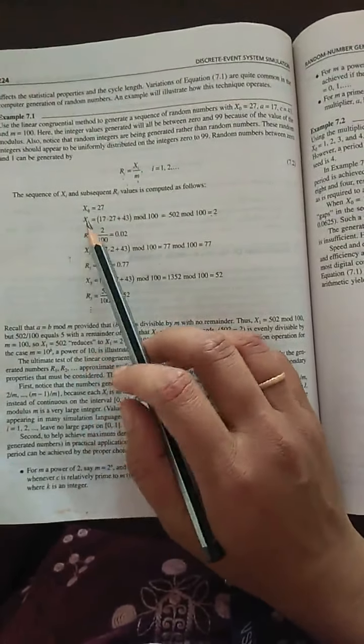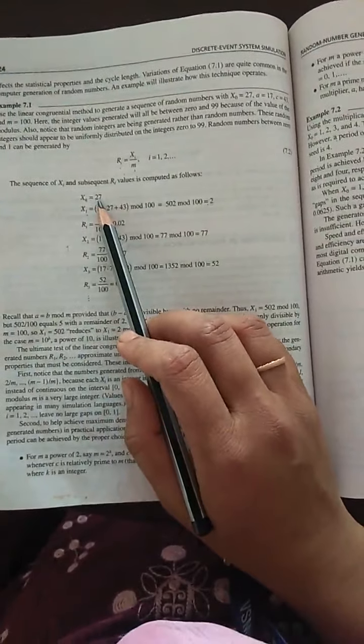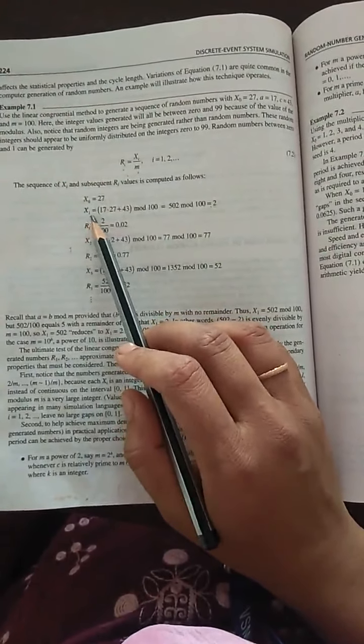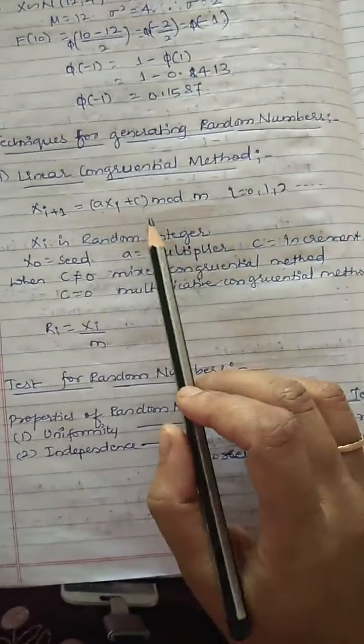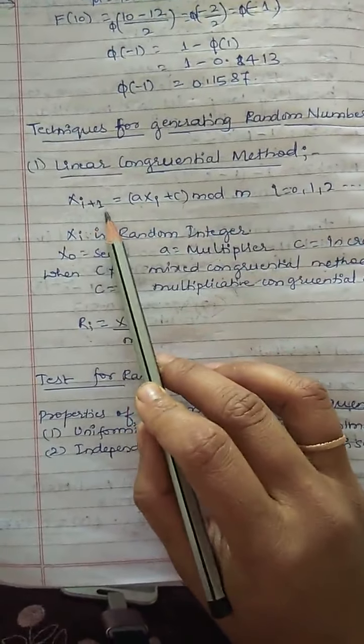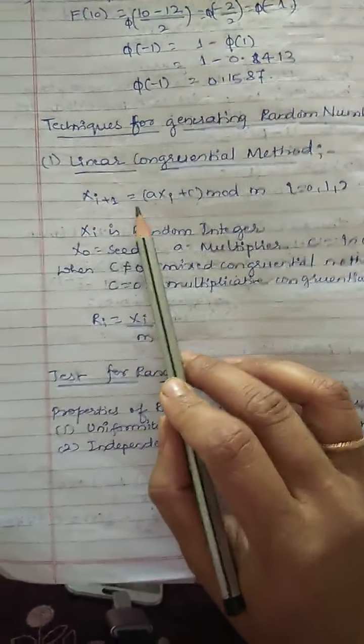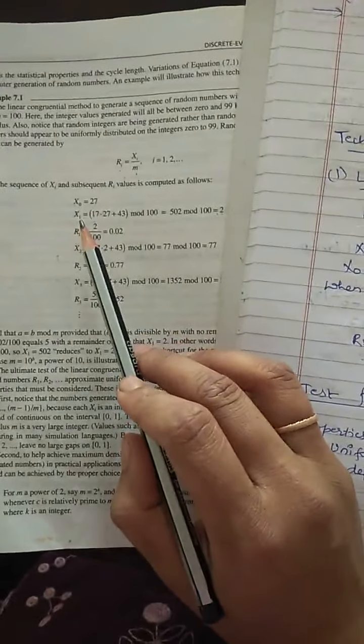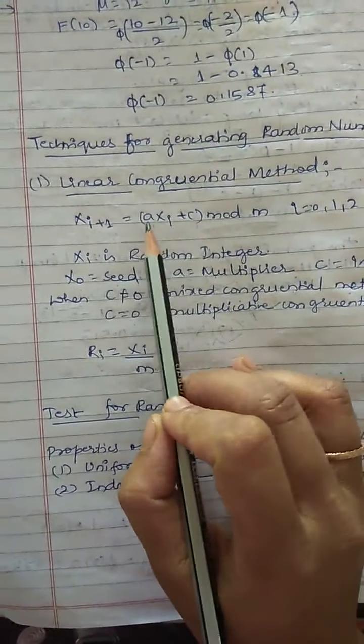Now X naught is already given as 27. What formula do we have here? We have the formula Xi plus 1. Let us take i as 0. 0 plus 1 is 1. So X1 is equal to a into Xi. What is the value of a?